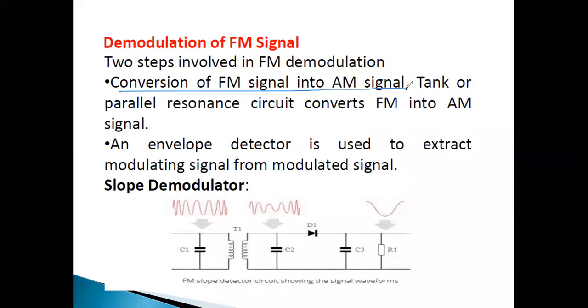After conversion of FM into AM, we need to consider one circuit. That circuit will be treated as a parallel resonant circuit. This parallel resonant circuit converts the FM into an AM signal.